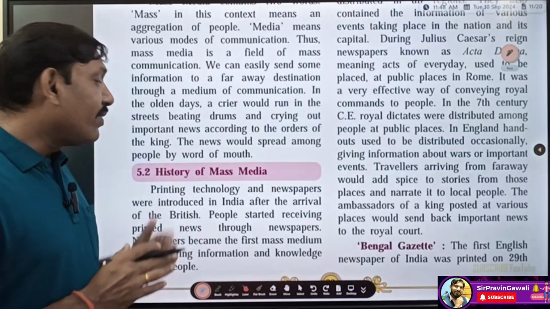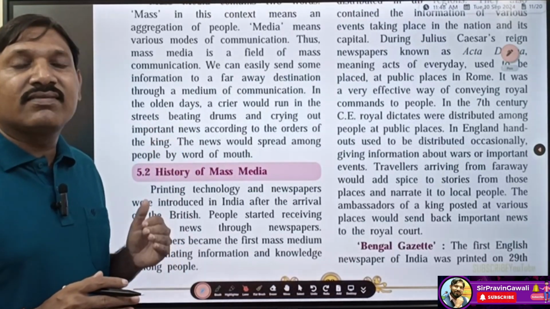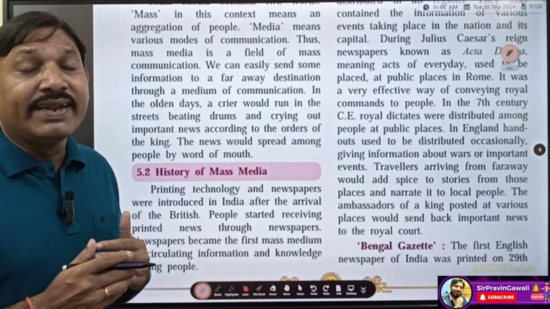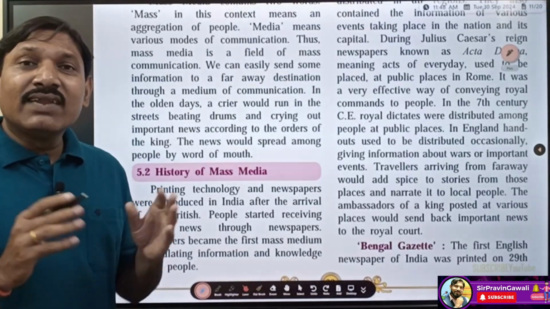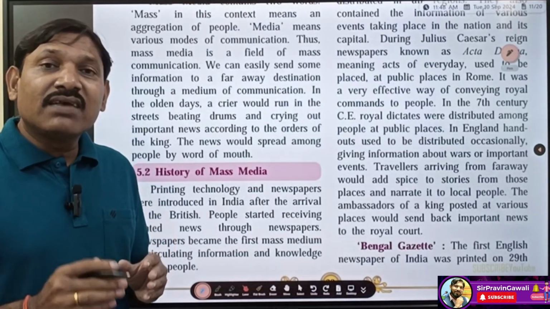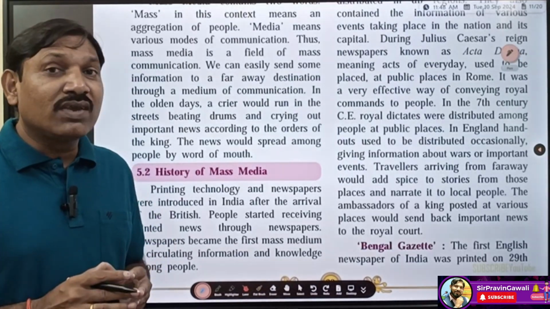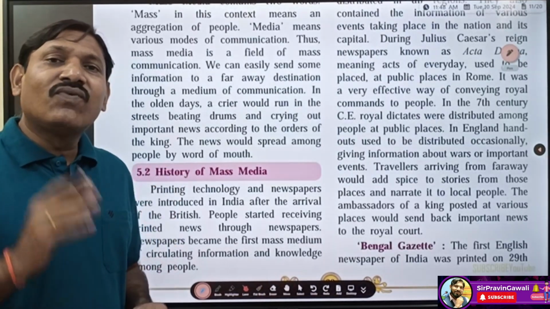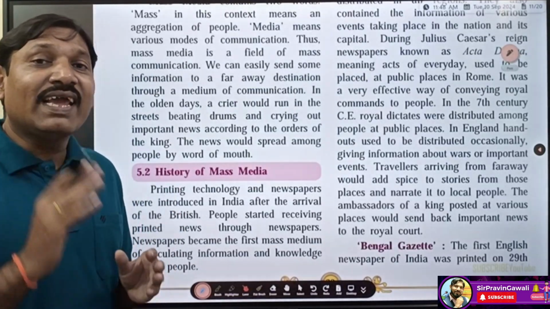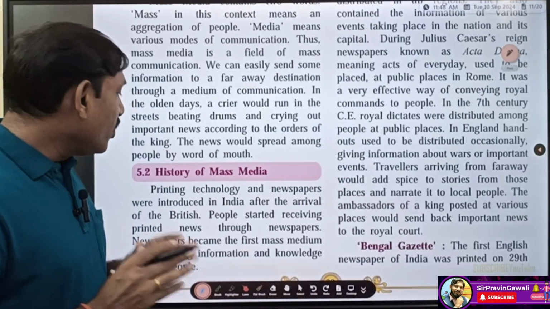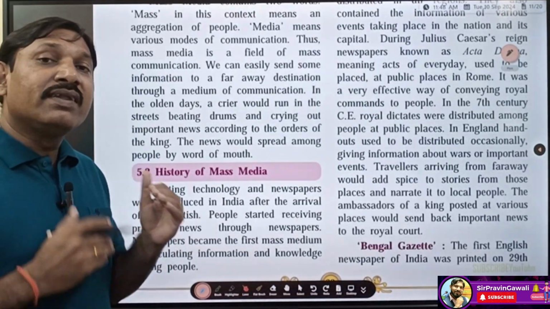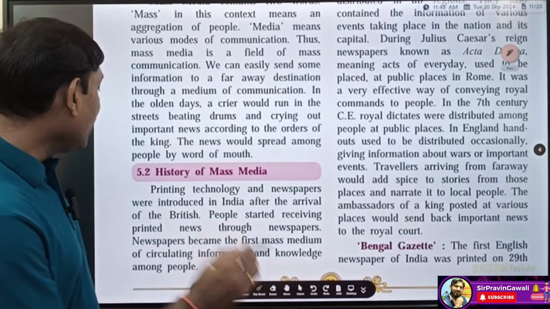But in India, when the Britishers came in the 16th century, then it was introduced. For example, in 1556, for the first time in India, the printing press was introduced by the Portuguese in Goa. And the first book was printed in 1557 in India, students. So at the arrival of the Britishers in India, the printing press was introduced in India.